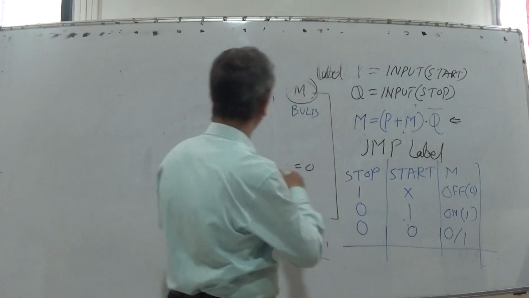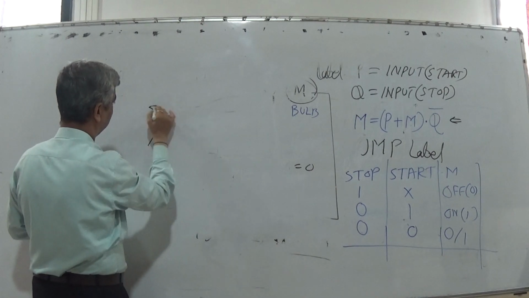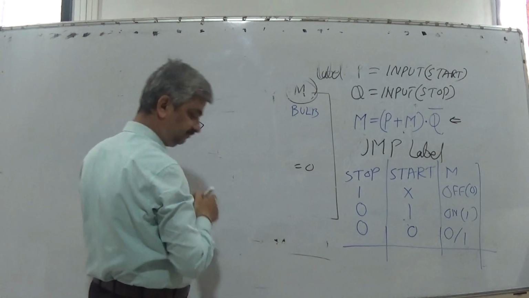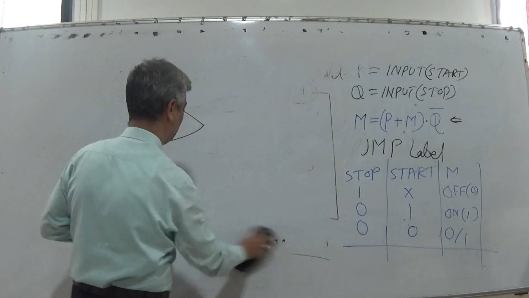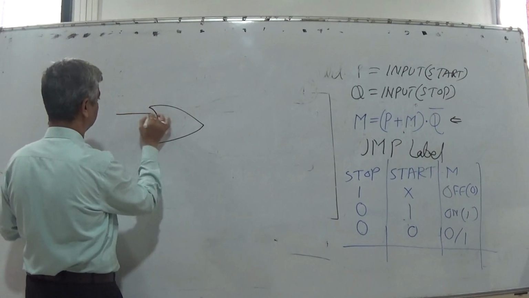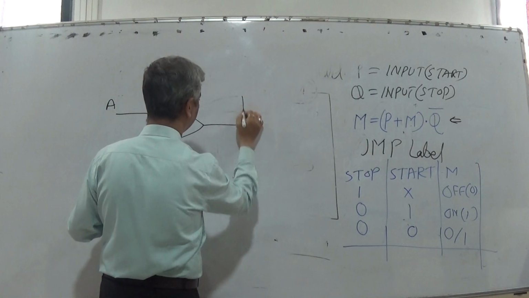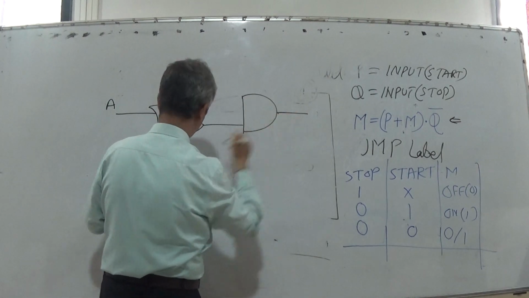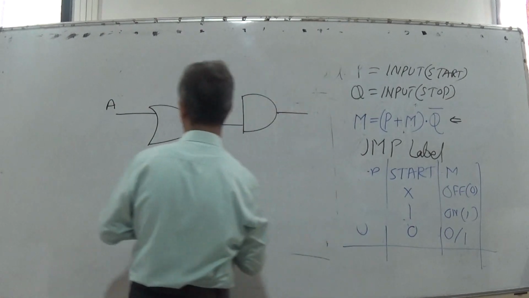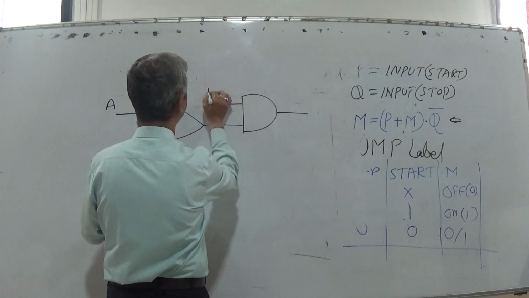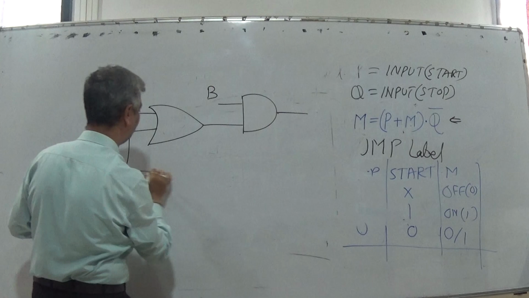So what we implemented here is a circuit like this. This is an OR gate where there is one start button, A, which we can press. Then there is an AND gate for which there is some control called B, and this is the output Y from where there is a feedback.